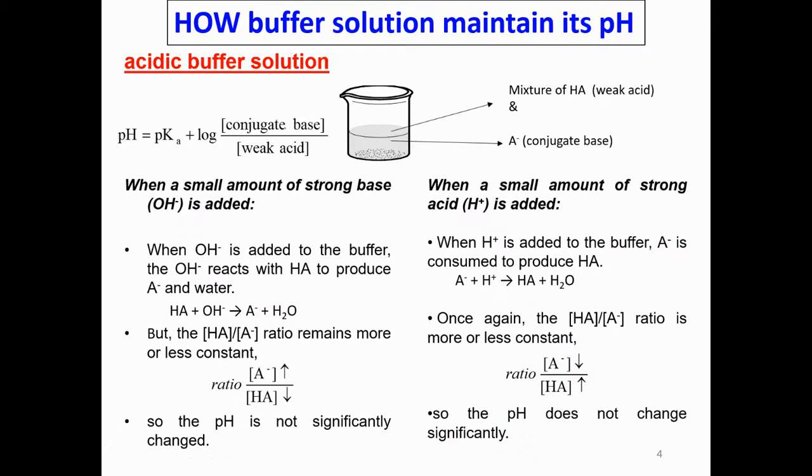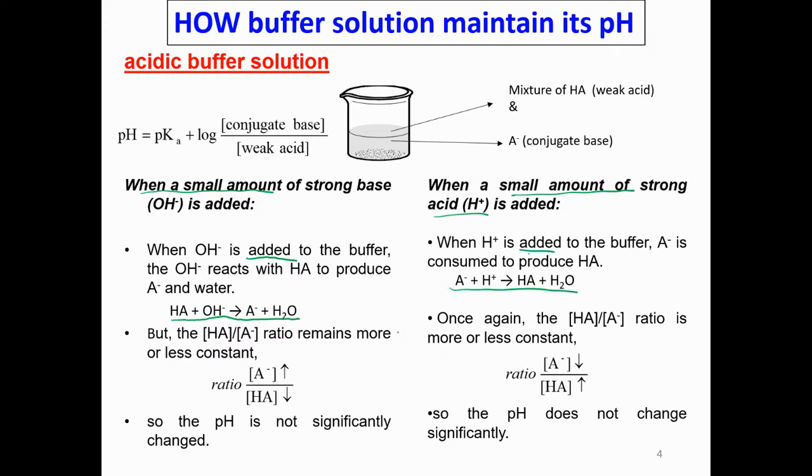So this is in terms of words. When we want to explain, you have to explain the first part, that is the neutralization. You must explain what happened when a small amount of strong base or a small amount of acid is added to the buffer solution.